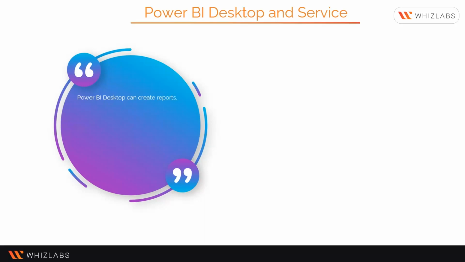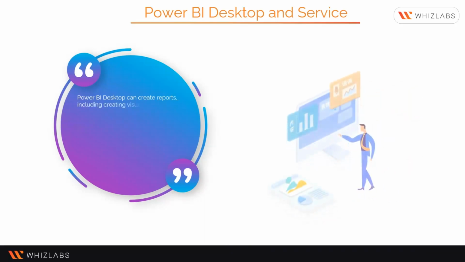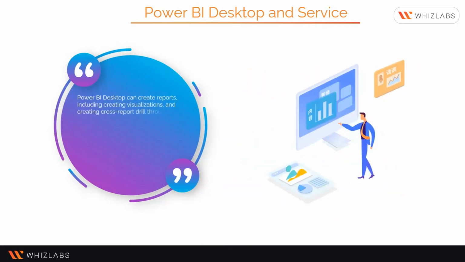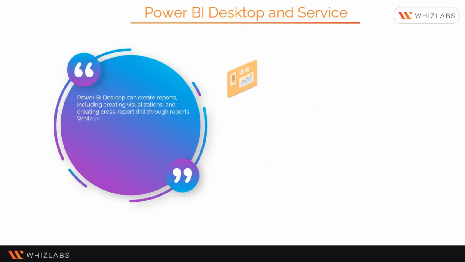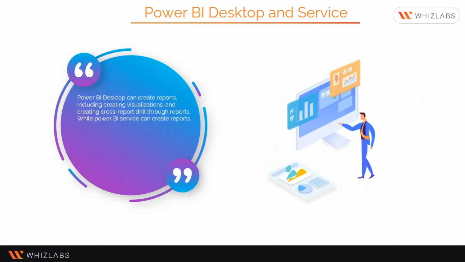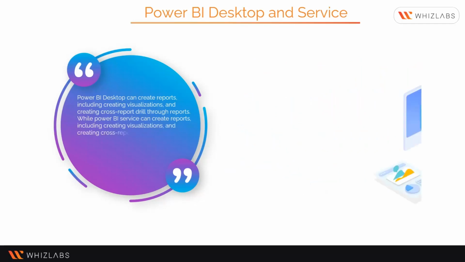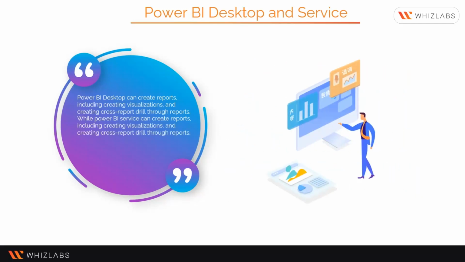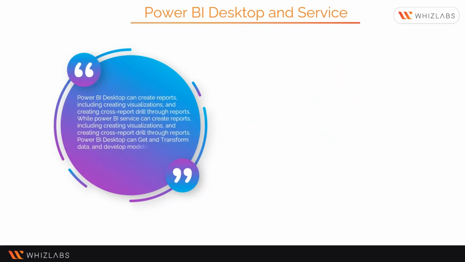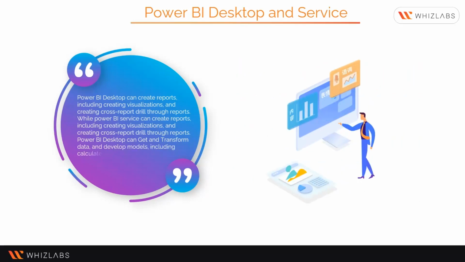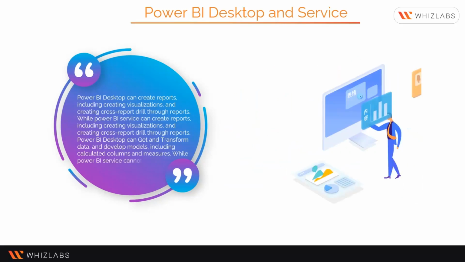Power BI Desktop can create reports, including creating visualizations and creating cross-report drill through reports, while Power BI Service can create reports, including creating visualizations and creating cross-report drill through reports. Power BI Desktop can get and transform data and develop models, including calculated columns and measures, while Power BI Service cannot.